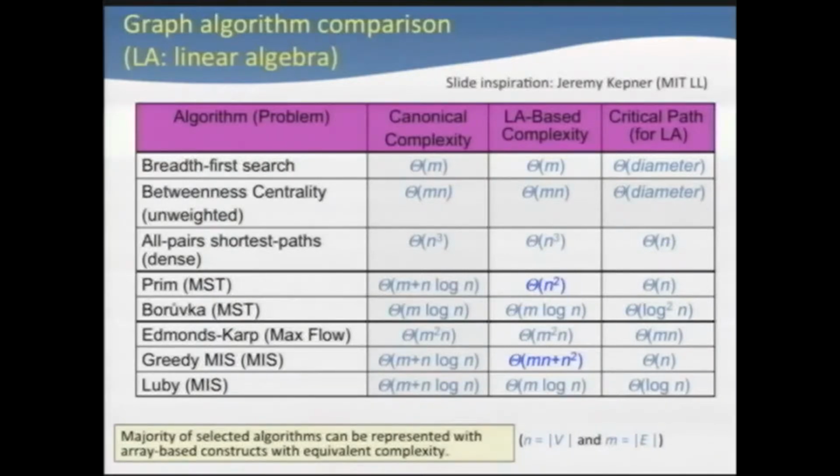In the first column, you see the canonical serial complexity of the algorithm, and next to it the linear algebra-based complexity. In many cases, it matches the complexity of the canonical version. The cases where it doesn't match are precisely the ones that make heavy use of priority queues. You'll see this, for example, in Prim's minimum spanning tree algorithm. You need a priority queue for that.